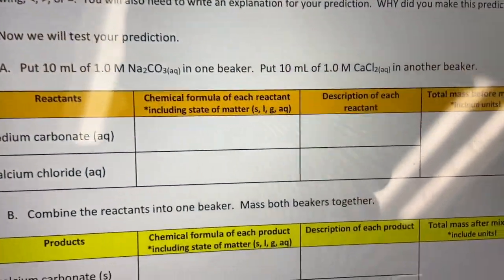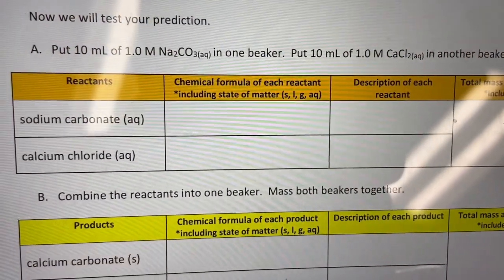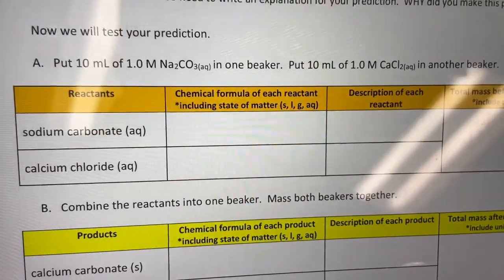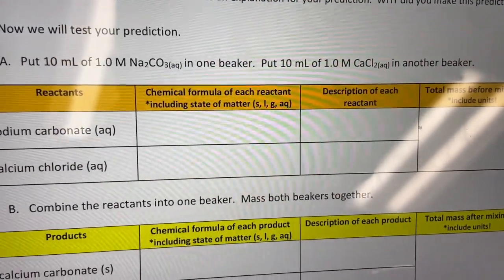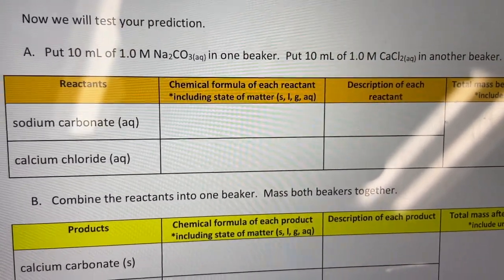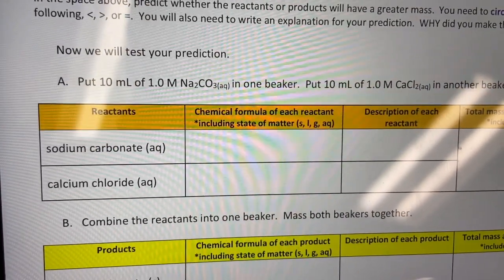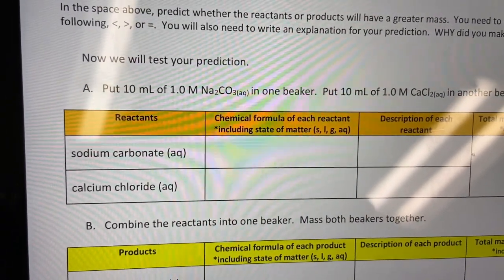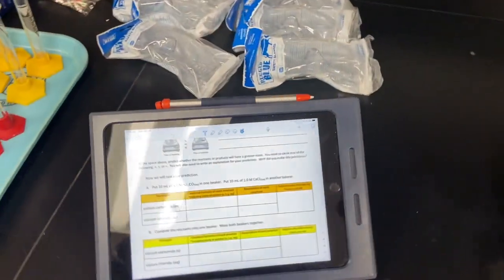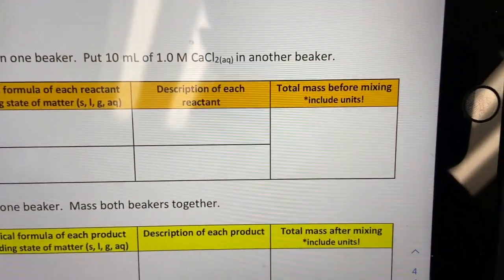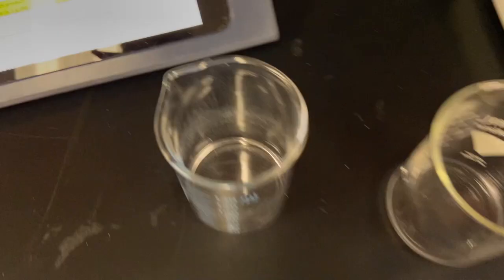What you guys want to do right now is fill that into the description of each reactant. And then, you want to fill in the chemical formula of each reactant, including the state of matter. So go ahead, you can pause the video if you need to, take a second to do that. Okay, now we're going to take the mass of both of these two beakers.